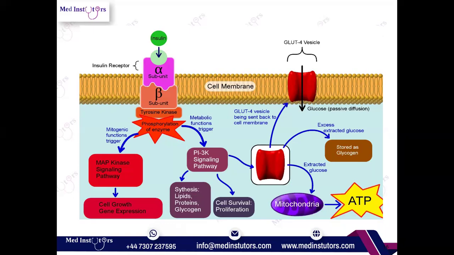And the main thing is the GLUT4 vesicle being sent back to the cell membrane so that GLUT4 is available for the extraction of blood glucose into the cells through passive diffusion. And this glucose is sometimes stored as glycogen or utilized by the mitochondria to produce ATP, that is the energy. So this is how insulin helps in the utilization of blood glucose to produce energy to help in cell proliferation, cell growth, and gene expression.